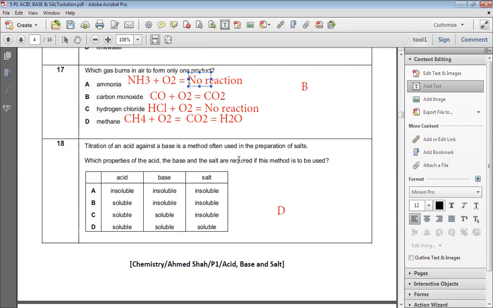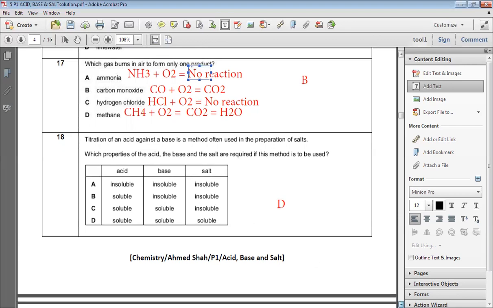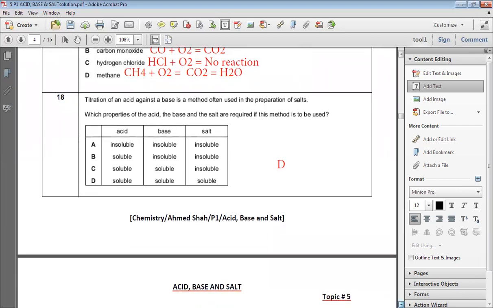Basically, the titration method can be used to prepare soluble salts, while the precipitation method is used when insoluble salt is produced as the product. So option D is correct for question number 18. Soluble acid, soluble base, and the salt should be soluble. This is the reason behind the titration technique.